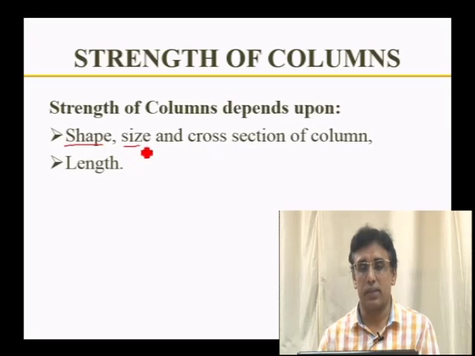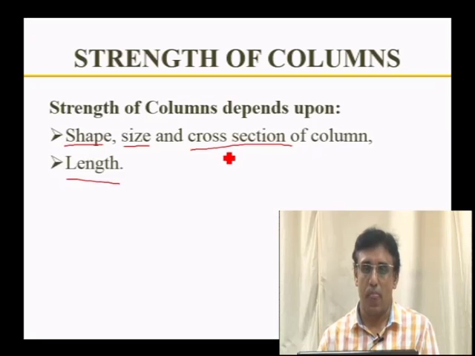Also the size of the column matters. The cross section of the column, the B and D or diameter, also affects the strength. One more important point is length, that is, the effective length. If the length of the column changes, then the load carrying capacity or strength of the column also varies.